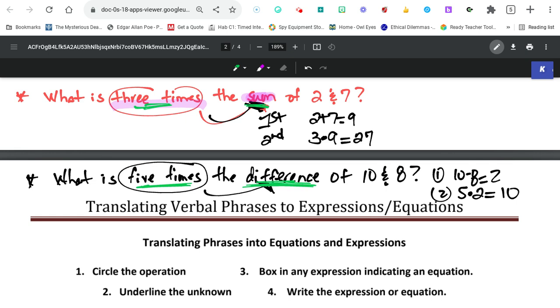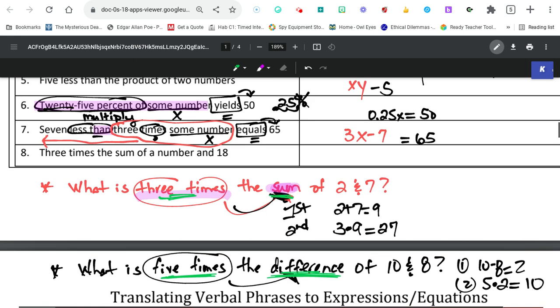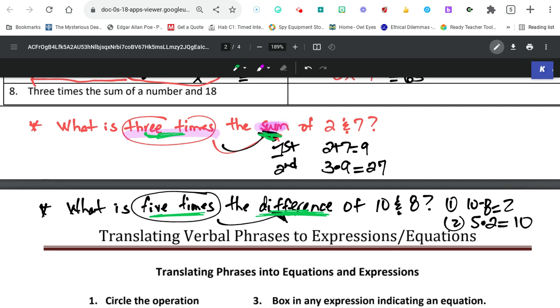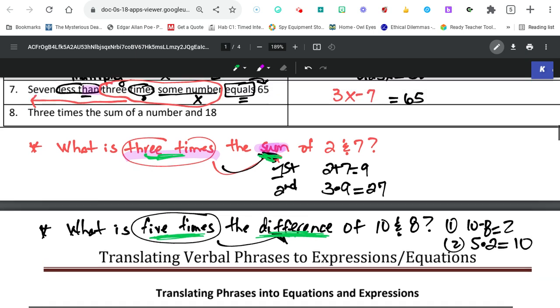It could be twice the sum, 4 times the sum, twice the difference, 5 times the difference, 6 times the difference. I don't care. When you multiply a sum by some number or a difference by some number, I need you to put that sum or that difference inside of parentheses first to indicate that we're going to do this first. The parentheses will indicate we will do it first.